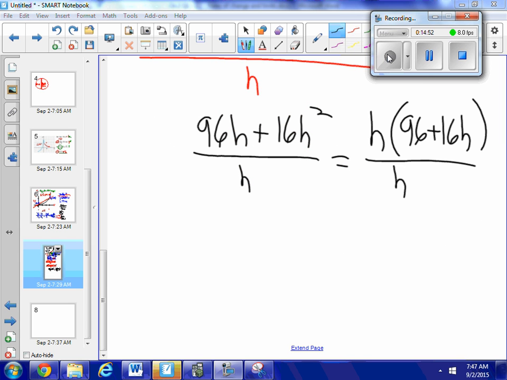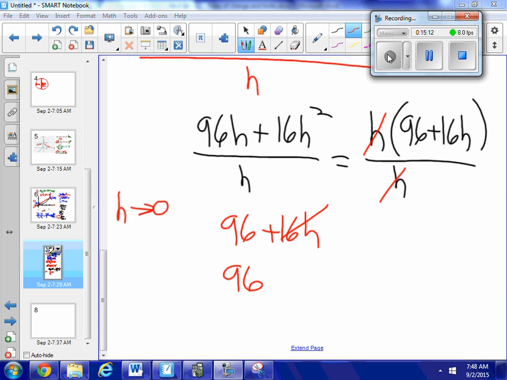And now, guess what? I'm going to cancel out my h's. So the formula for the slope on this equation is 96 plus 16h. Well, h is approaching 0. So this goes away, and the answer is the instantaneous rate of speed is 96 feet per second at x equals 3 seconds. Isn't that awesome?